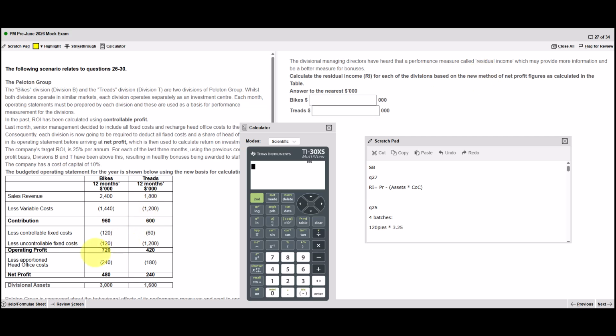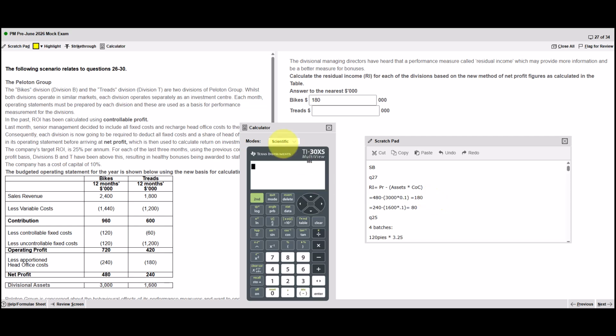Using the new method, so this is after deducting the head office and uncontrollable costs, this is 480 for bikes minus 3000 net assets multiplied by the cost of capital of 10%. So that's 480 minus 300 is 180,000. And then for the other division it is 240 minus 1600 times 0.1.